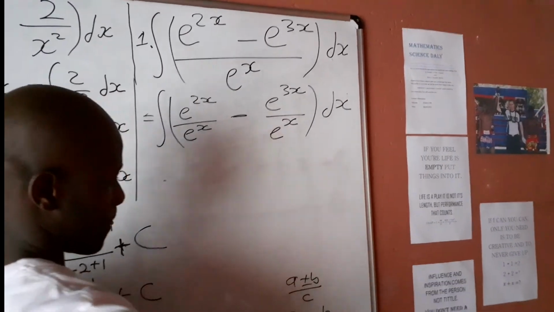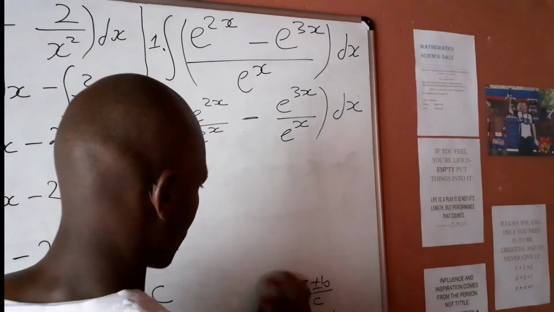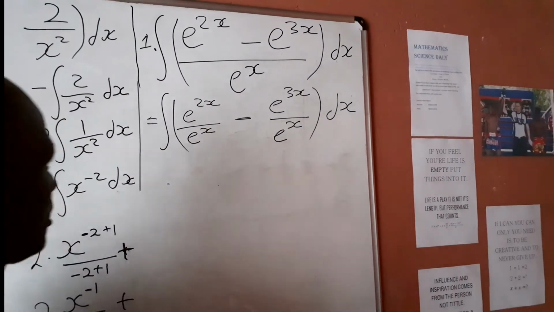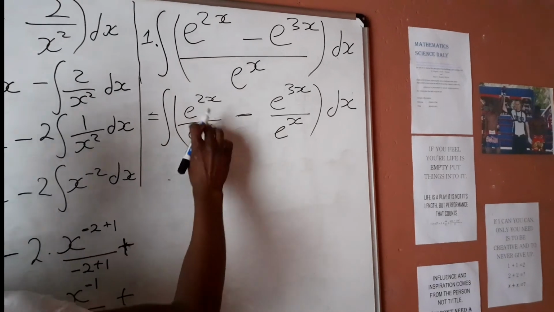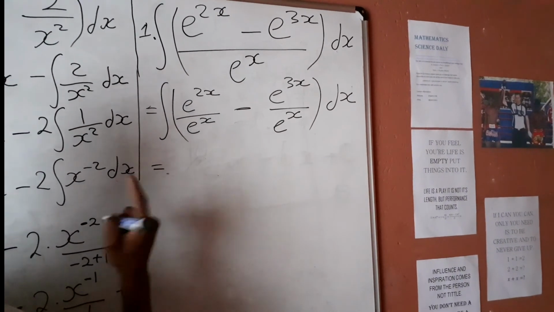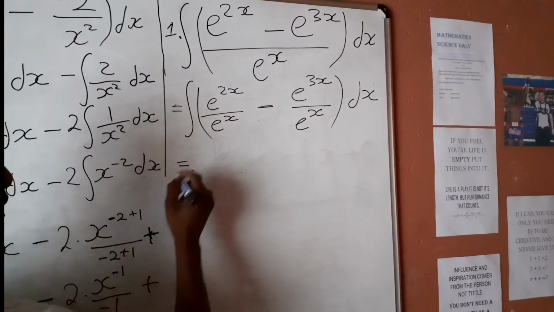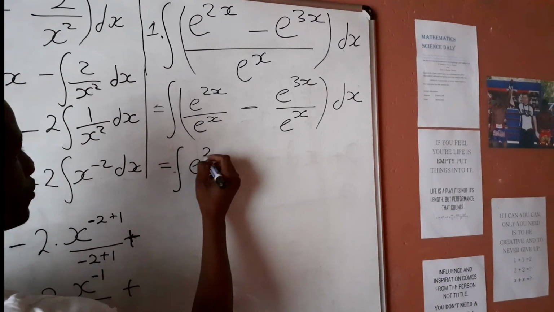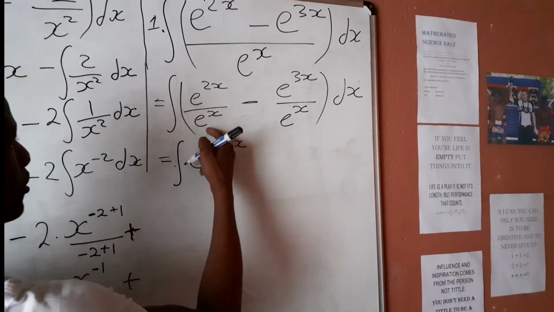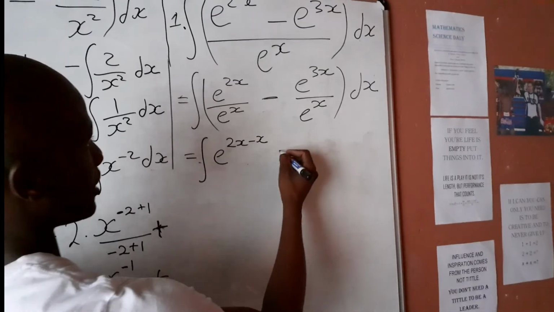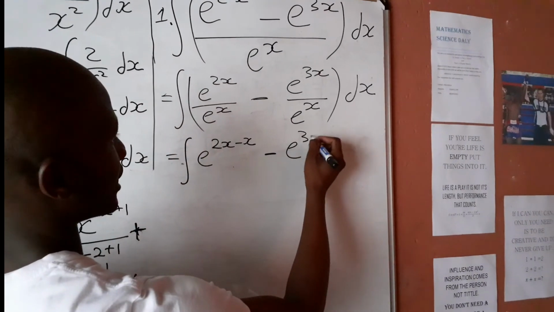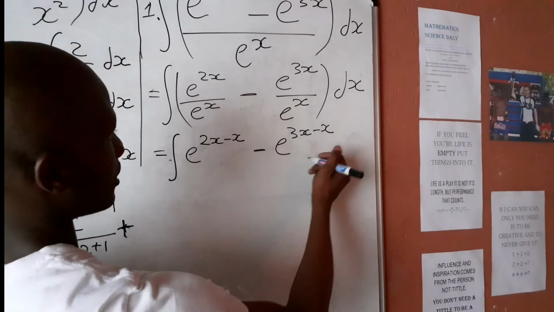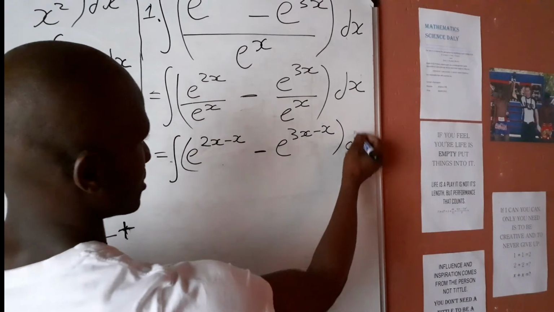dx. So check. Now, when we divide the same base, we subtract the exponents. Exponents are very important, guys. So integral is going to be e to the power 2x minus x, because we're dividing the same base, minus e to the power 3x minus x dx.